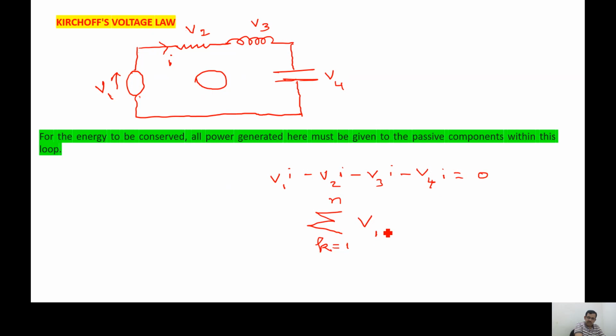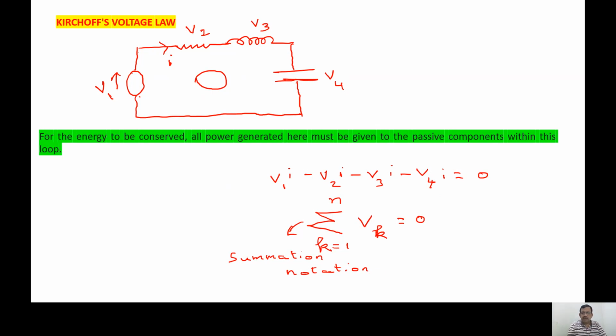So I can say the summation of Vk equals 0. So this is a summation notation, sigma. Okay, so that is about Kirchhoff's voltage law.